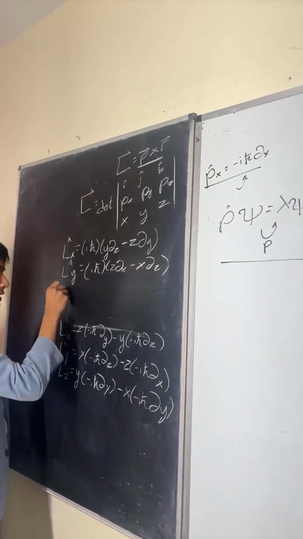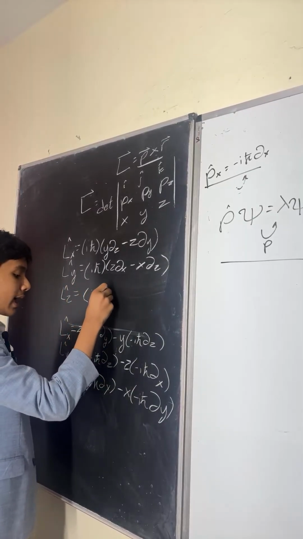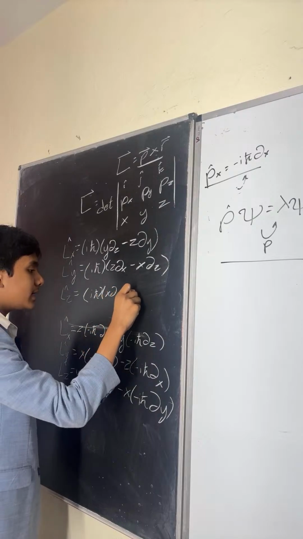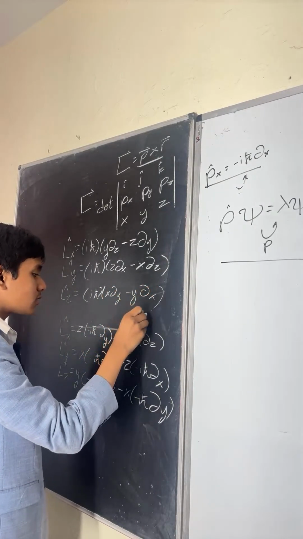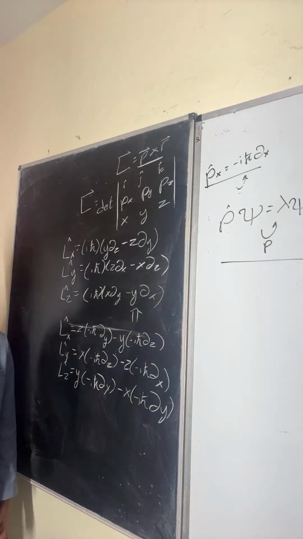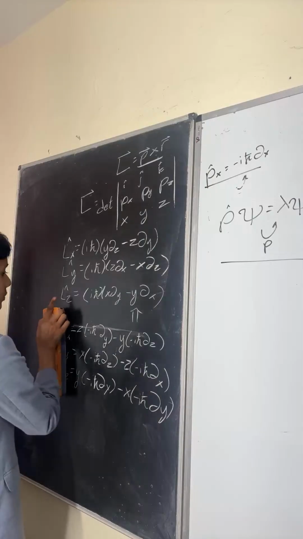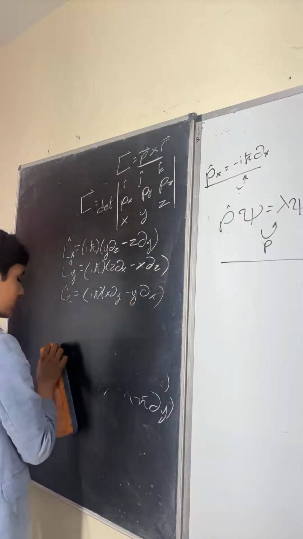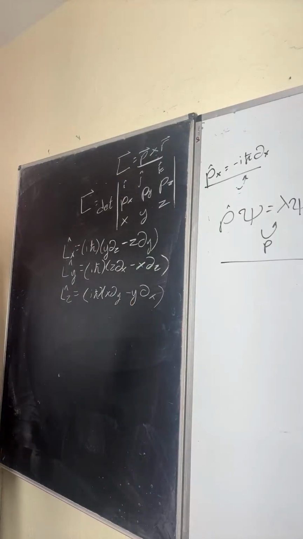And Lz operator is iħ (x partial y minus y partial x). So there we go. We've successfully written out the three angular momentum operators. We're going to be using these definitions for the rest of today.